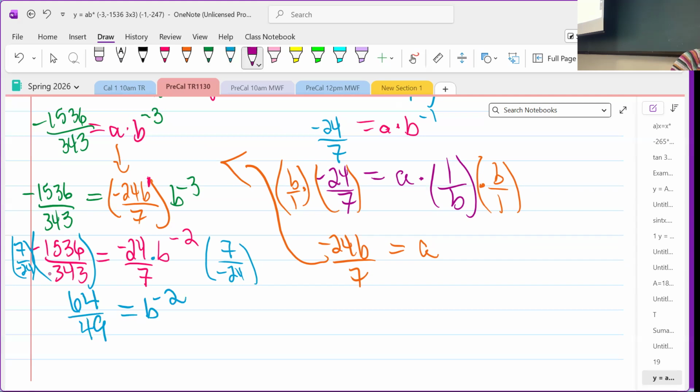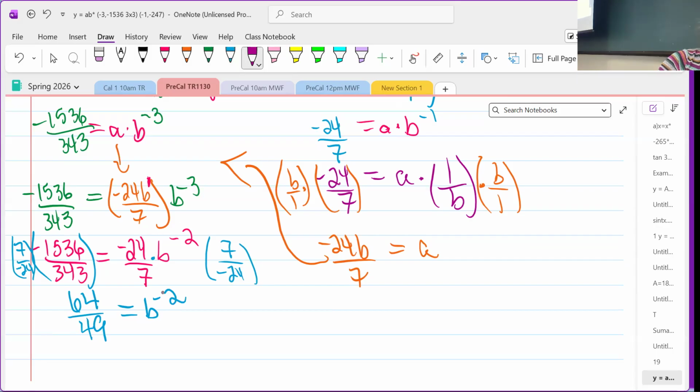So the 7 goes into 343 49 times. The 24 goes into the 1536 a nice number of times. Now on the test, it'll be an ugly number, and that's that. But for web work, this actually will work out to be a fraction answer.